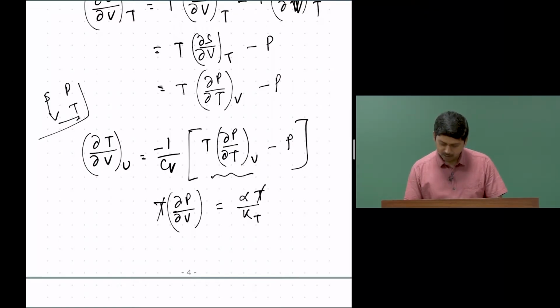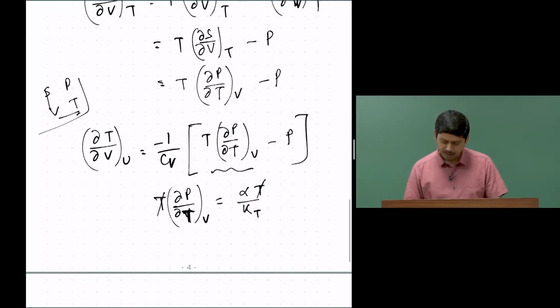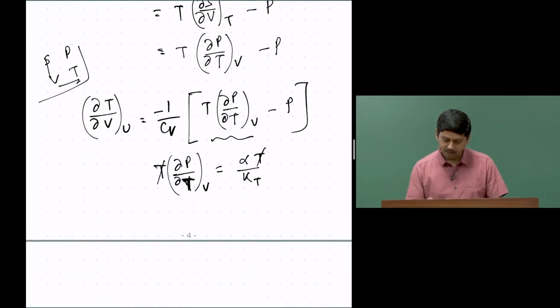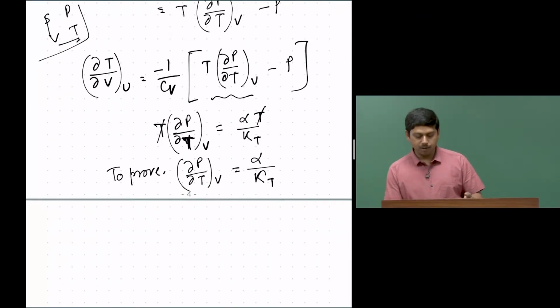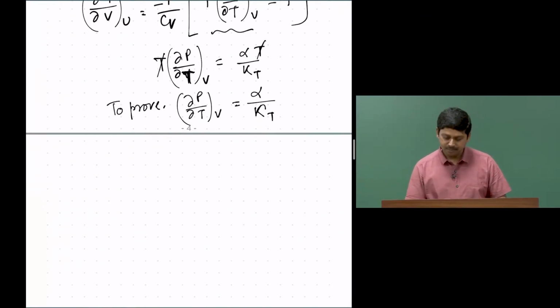So, in fact, t is also common. I will just rewrite it again. I have to prove del p del t v is alpha by kappa t. This is what I have to prove. Then I can prove the whole relation, because everything else is fine with this.